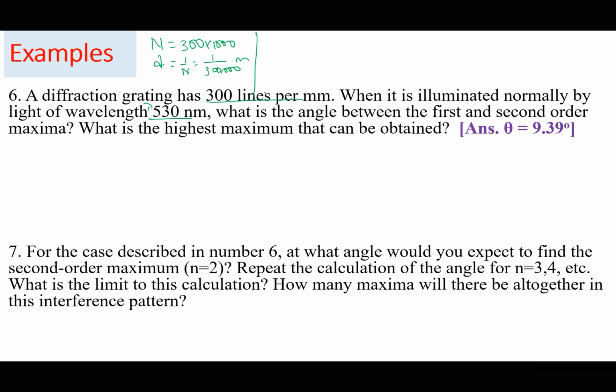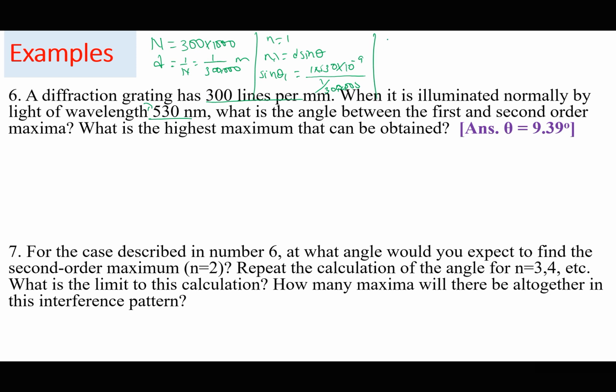So for the first order, small n is equal to 1. So what is theta? Remember, n lambda equals d sine of theta. I'll call that one theta 1. So sine of theta 1 is going to be n, which is 1, times the wavelength, 530 times 10 to the power of minus 9, divided by d. I'm making sine theta the subject, so I divide by d, which is 1 over 300,000.